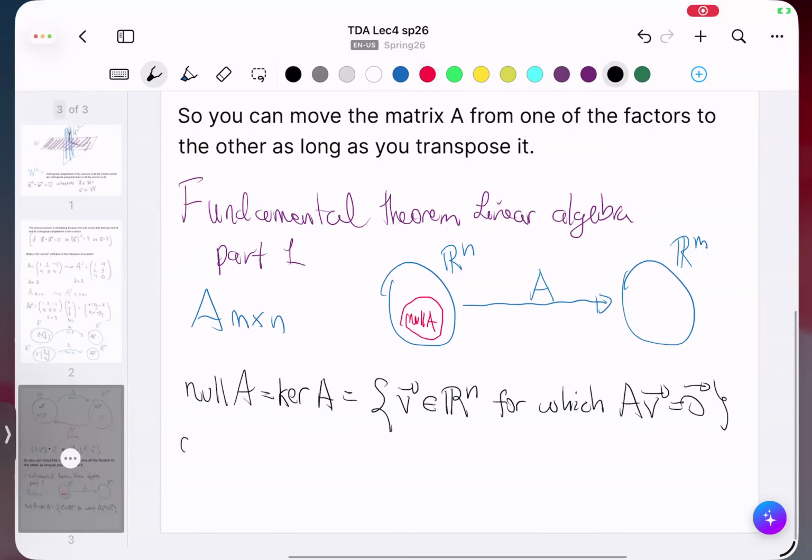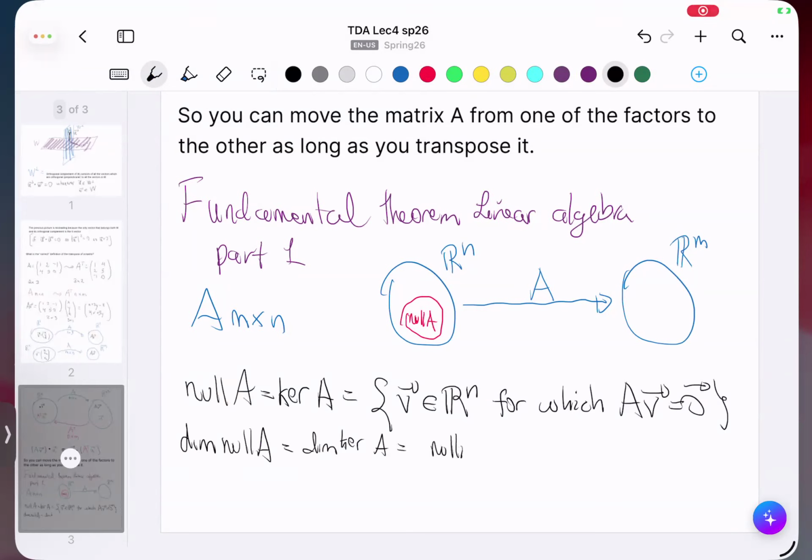The dimension of the kernel, or the nullity of the null space, is just the nullity of the matrix. So hopefully that rings a bell from when you were solving systems of equations with Gauss-Jordan. You would row reduce it, and from there you could figure out those things a little bit easier.